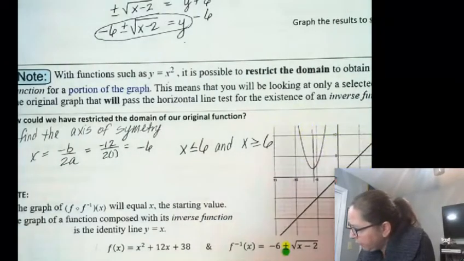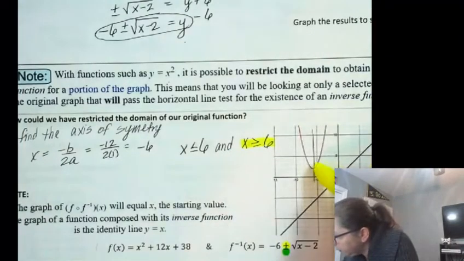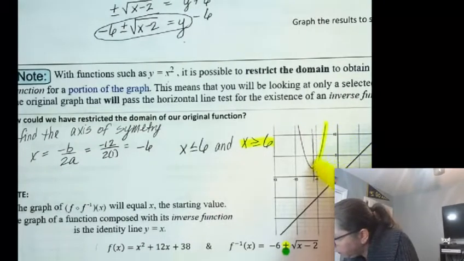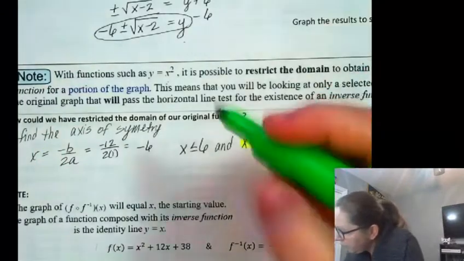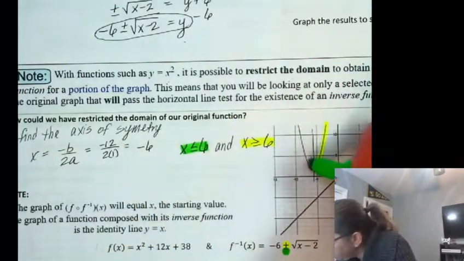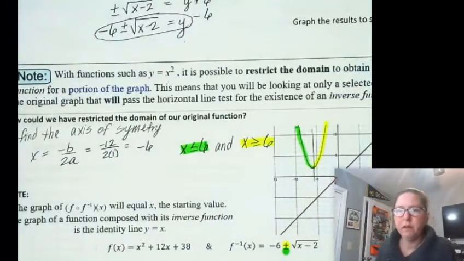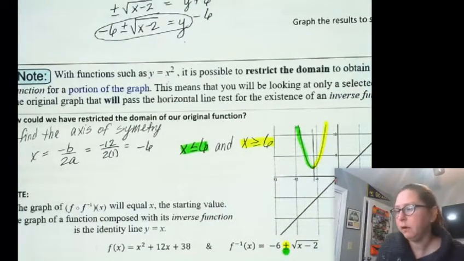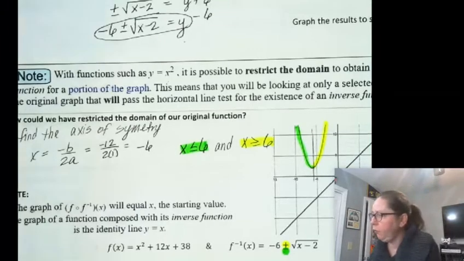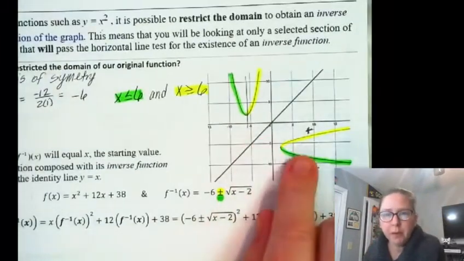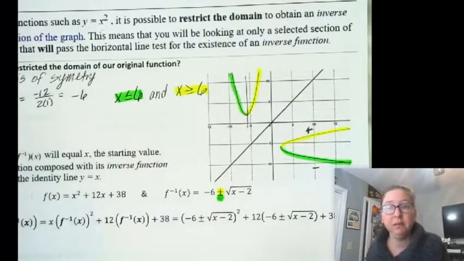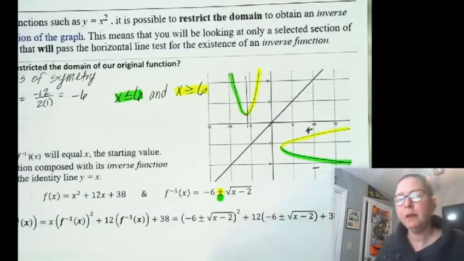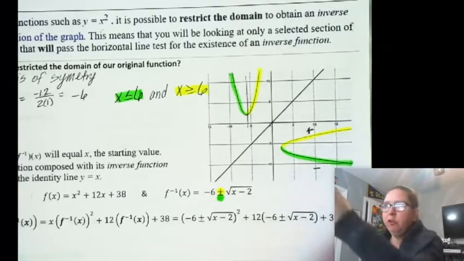The greater than values for x go that way, and the less than values for x go to the left. And so I've just cut my function into two equal parts, which makes it so that when you flip it over and you get this, if you're only looking at half of it at a time, it's still a function.